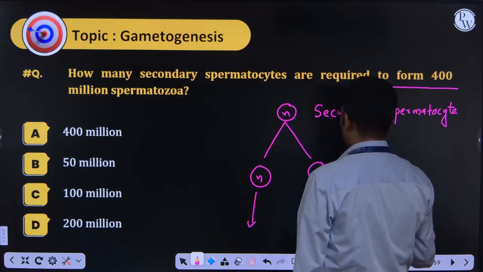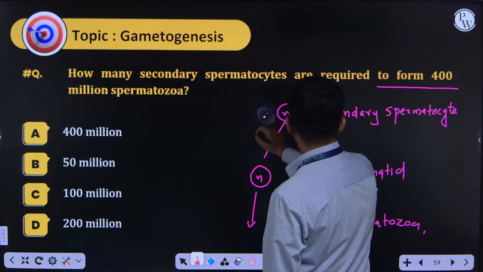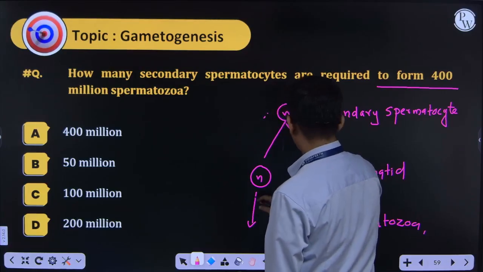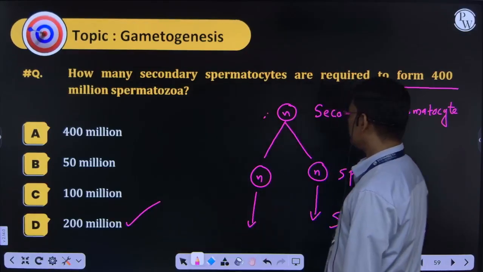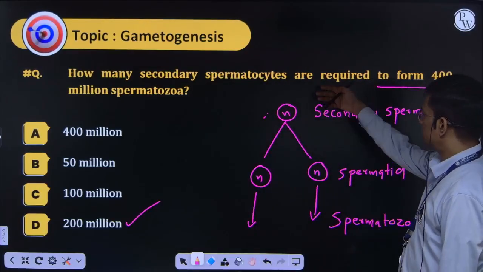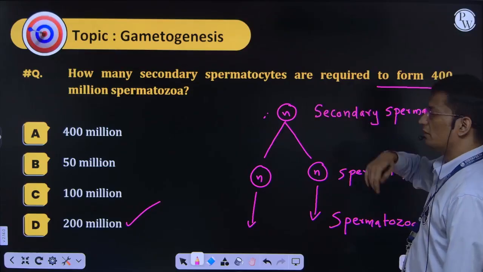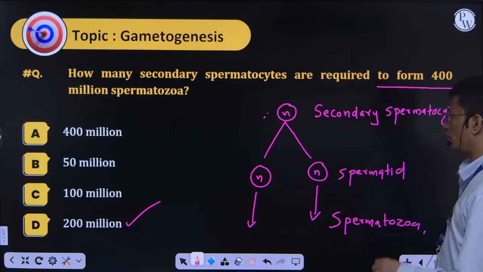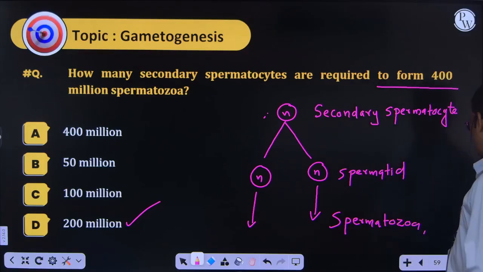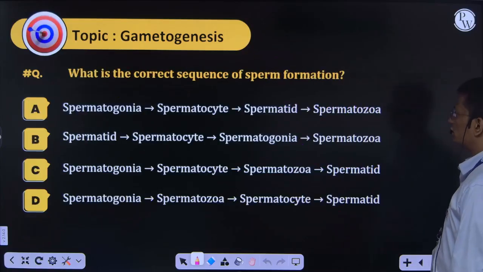Clear? So if it is 200 million, then spermatozoa formation will be 400 million. The point to remember is: secondary spermatocyte is haploid, primary spermatocyte is diploid, spermatogonium is diploid, spermatid is haploid, and spermatozoa is also haploid.